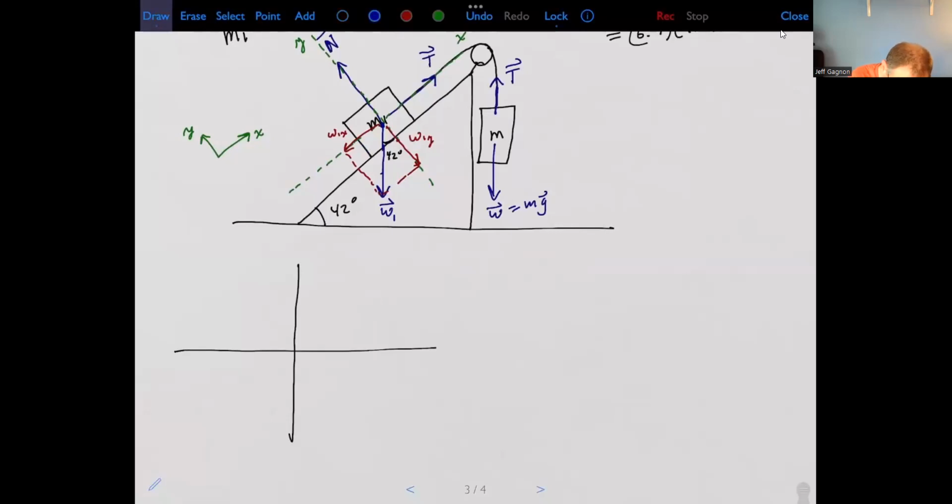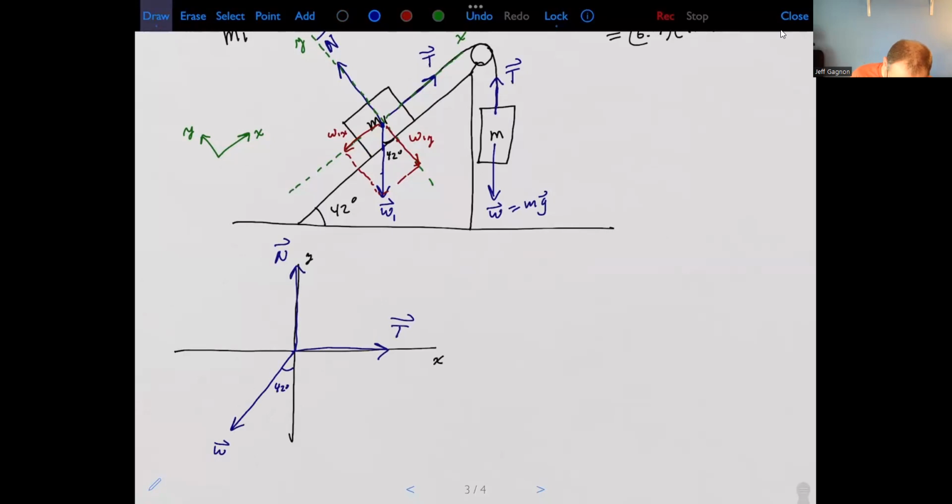So we know that the normal force was pointing in the positive y direction. So this is like x and y here. The tension was pointing in the positive x direction, this. And then the weight, if you look at that drawing carefully, is going to go something like that, where this angle right here is the 42 degrees.